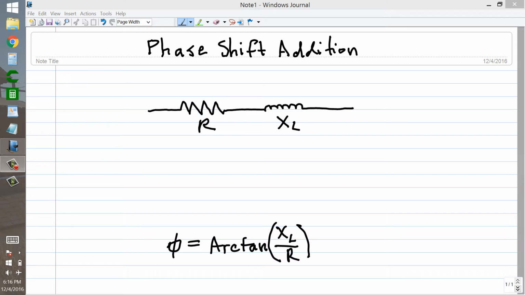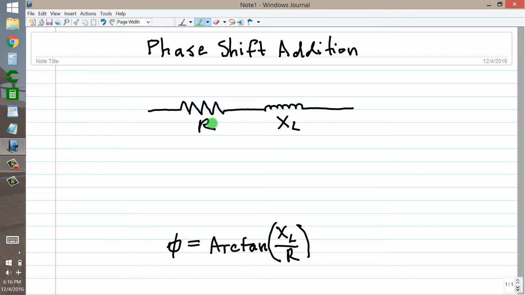So I'm just going to give you an example of something kind of paradoxical about phase shift and inductance-resistance or capacitance-resistance circuits. As you may know, if you connect a resistor in series with an inductor and then send a signal at a certain frequency through that circuit, you will get a phase shift.